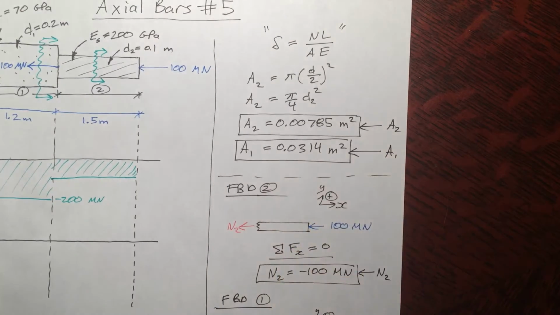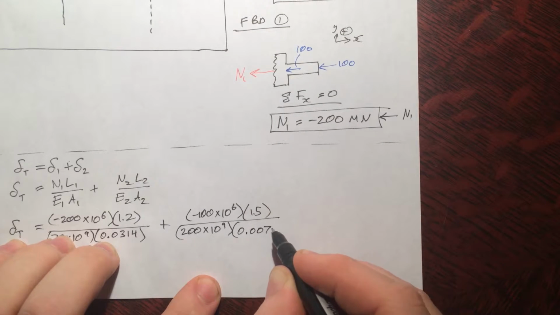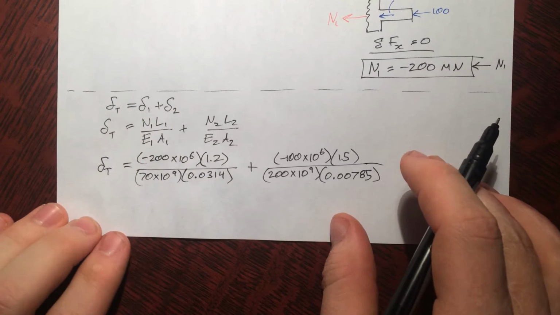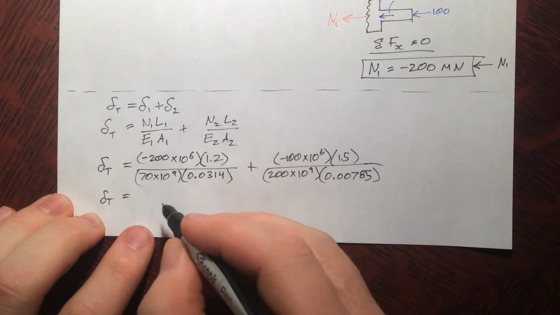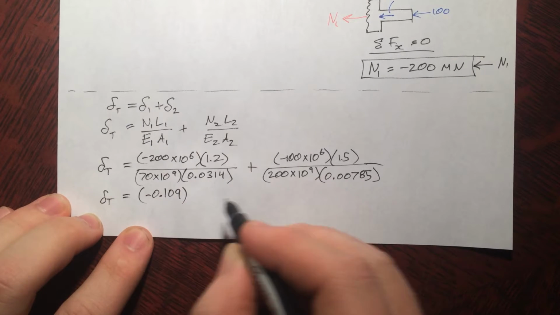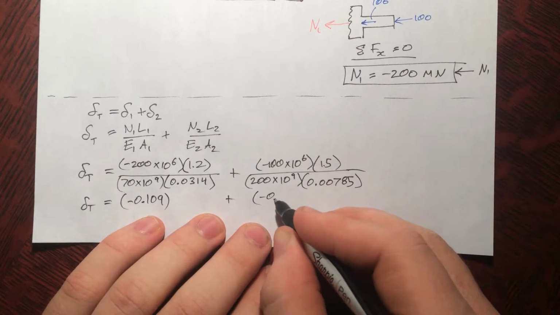We see that it comes out to be this. Alright, now I've run these through my calculator, and the total equals negative 0.109 plus a bit of this piece here.